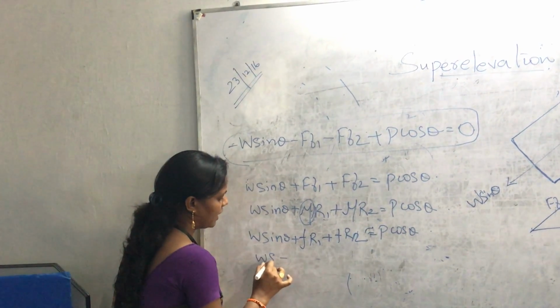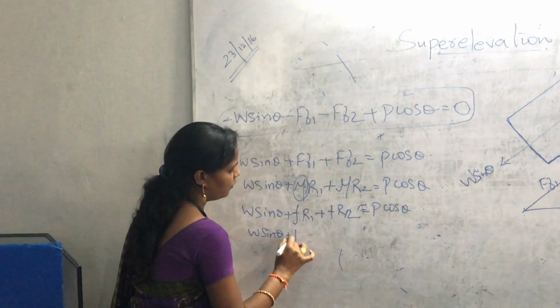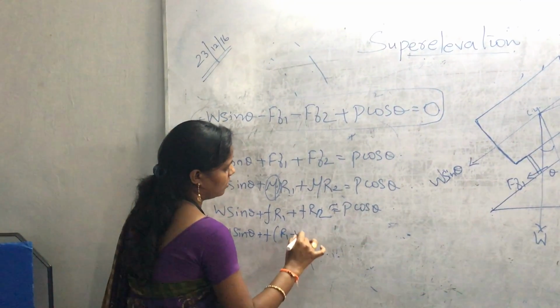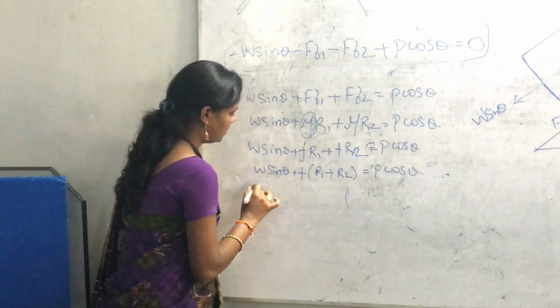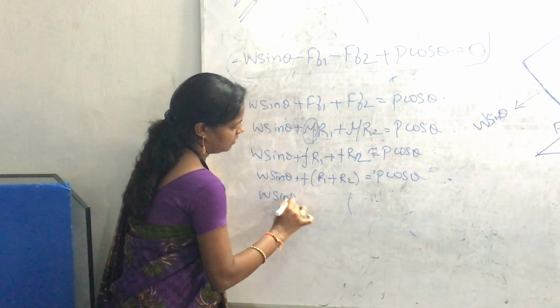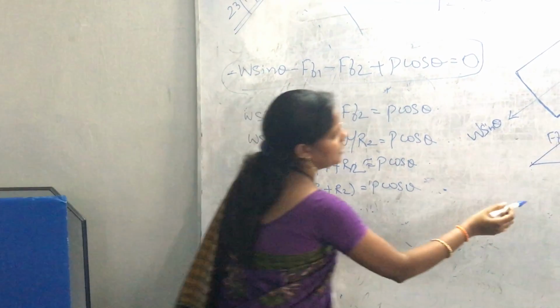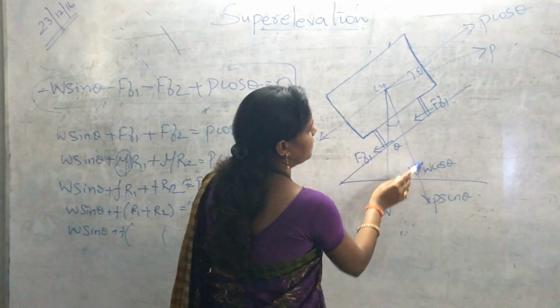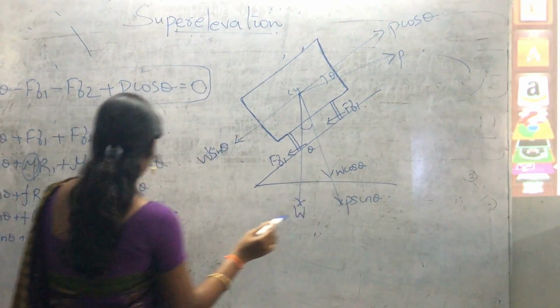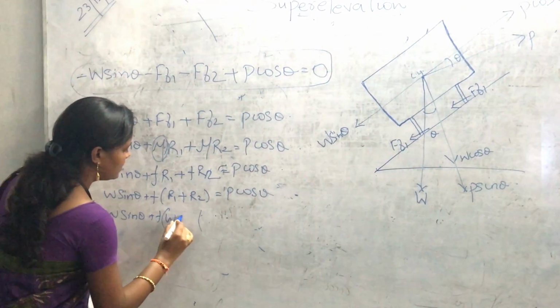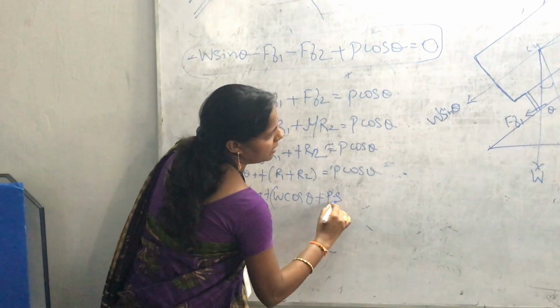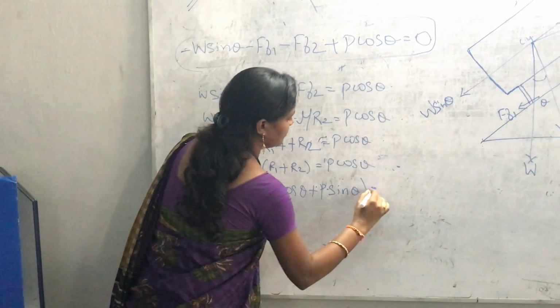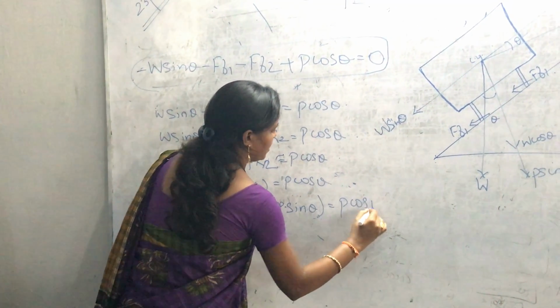Then W sin theta plus f into R1 plus R2 is equal to P cos theta. R1 is nothing but the normal reaction, which is W cos theta plus P sin theta. R1 is W cos theta and R2 is P sin theta.